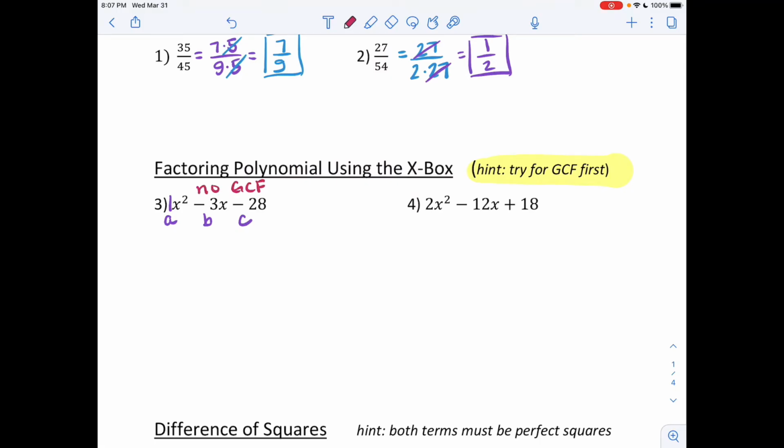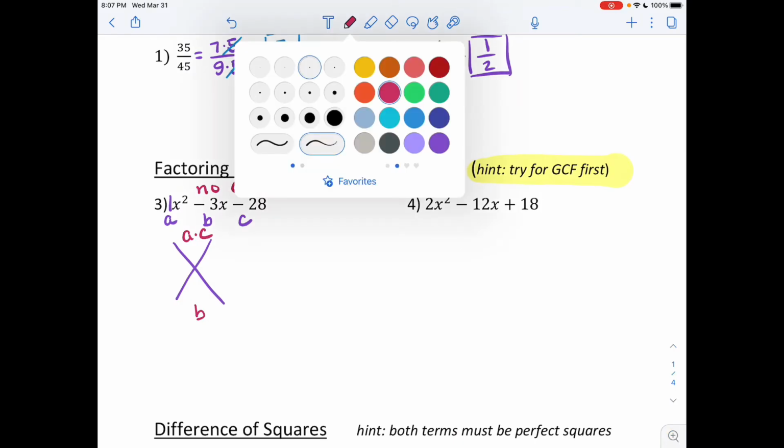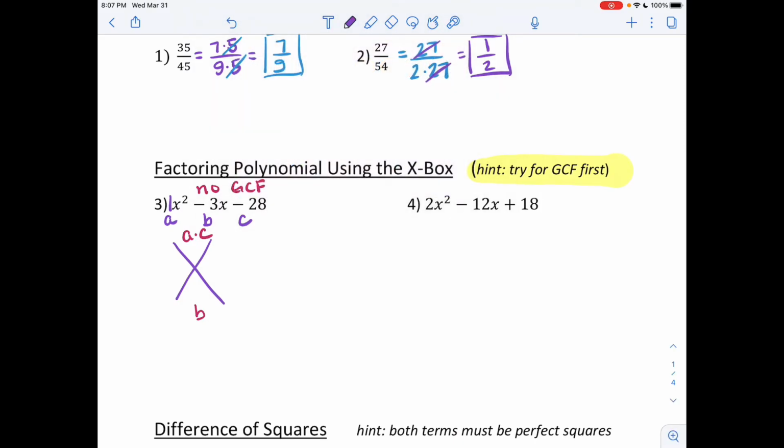So we will just proceed with doing our X box. Let's remind ourselves that the top of the X box is A times C and the bottom is our B value. So 1 times negative 28 is negative 28 and my B value is negative 3. Let's talk about factors of negative 28 that will add to a negative 3.